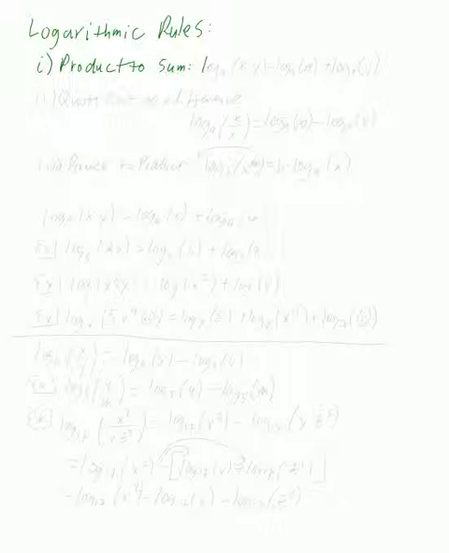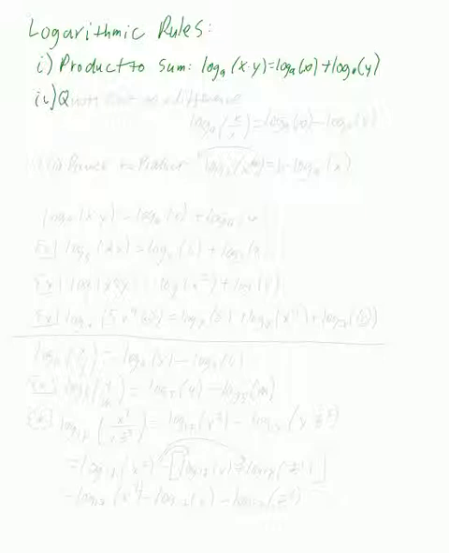If we take the log of any base of a product, say x times y, that is broken up into log base a of x plus log base a of y. So we're going from a product to a sum.